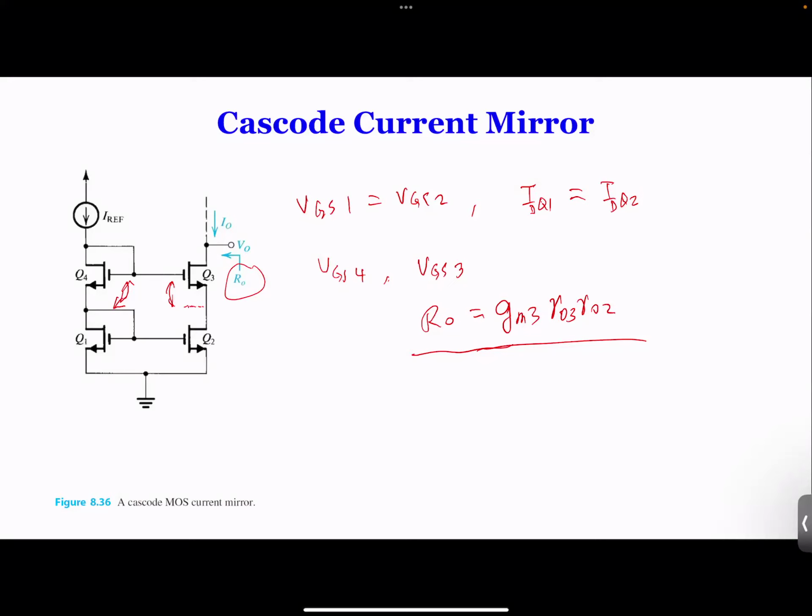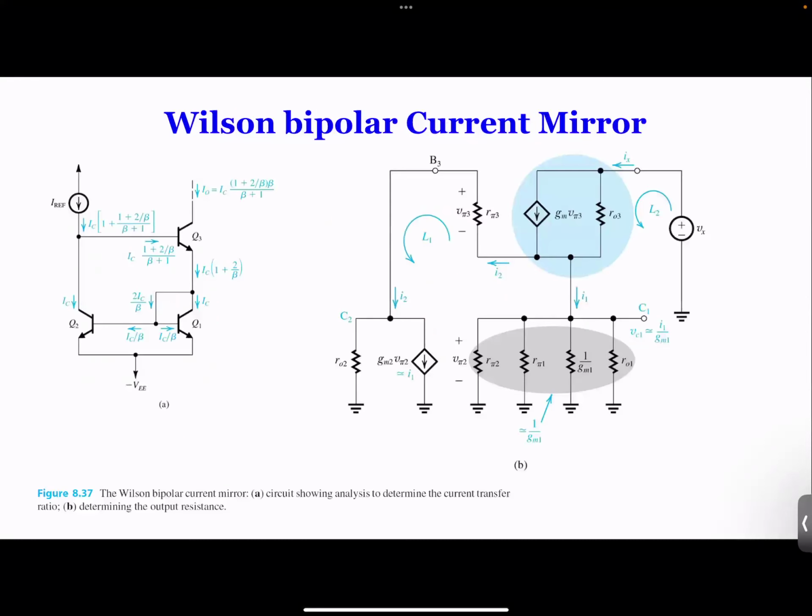So this is what we call a cascode current mirror. The idea is to add one more stage on the current mirror to increase the output resistance of the circuit.